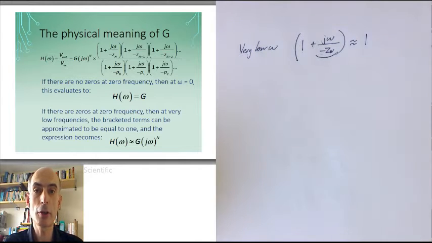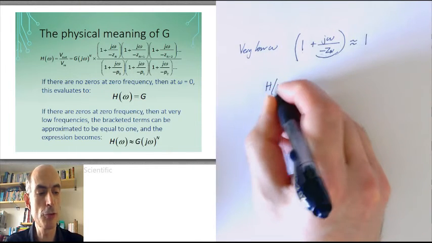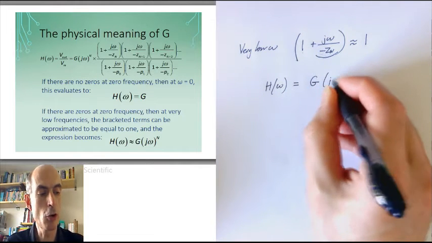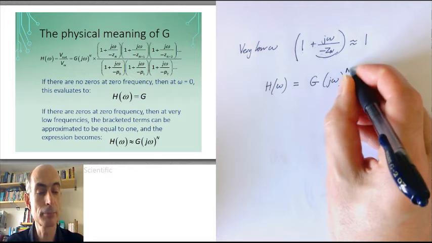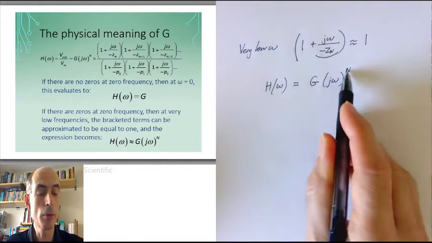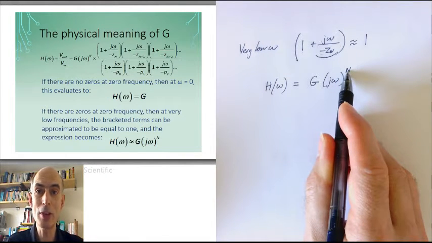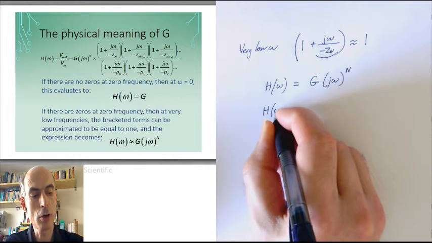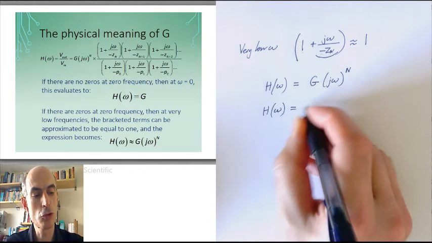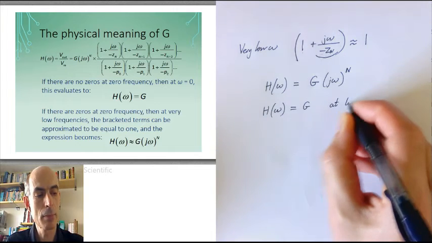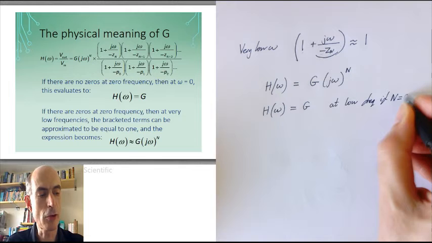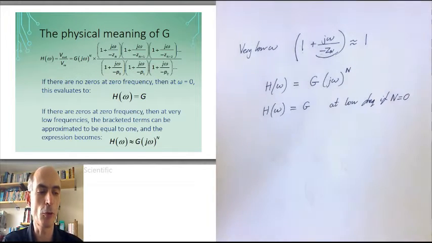And that means that our total expression for the frequency response, h of omega, ends up being g times j omega to the power of n. If n is 0, which means that we don't have any roots of the numerator at 0 Hertz, then we could write h of omega equals just g at low frequencies if n is equal to 0, if there are no zeros at 0 Hertz.